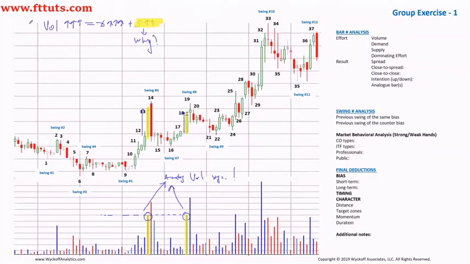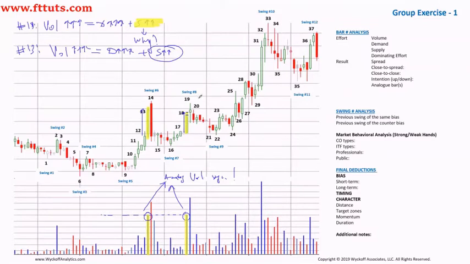So, okay, if this is bar number 18, then let's quickly write the volume equation for bar number 13. So we have the volume increase, we have the demand increase, as we said, and we definitely said that there is supply increase.